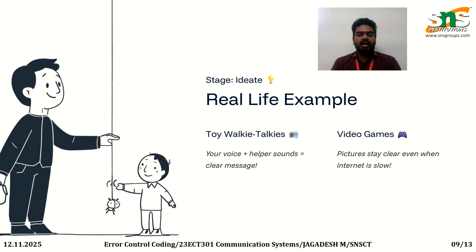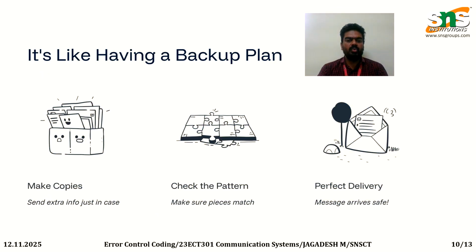Some real life examples are toy walkie talkies: your voice plus helper sound equals a clear message. In video games, pictures stay clear even when the internet is slow. These are real world examples of error control coding.